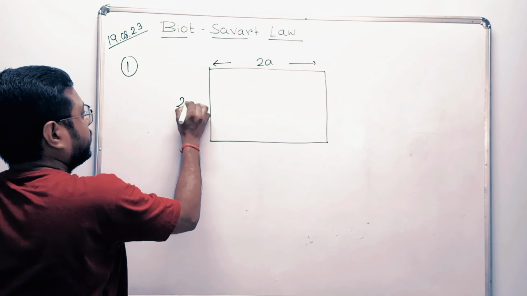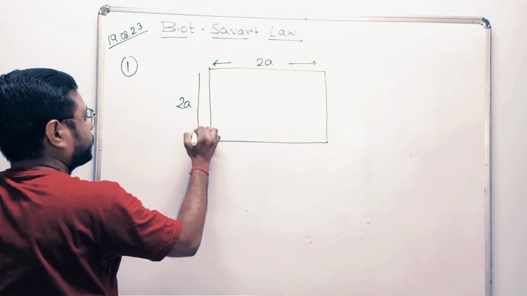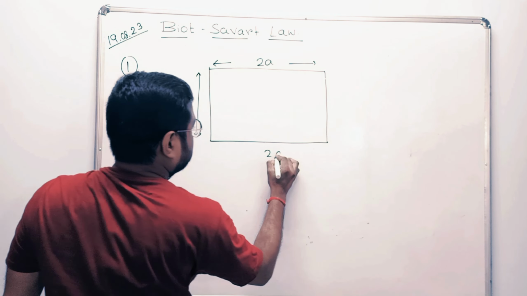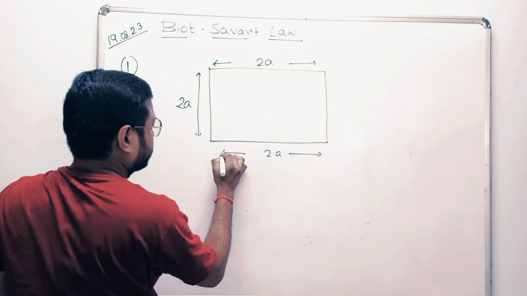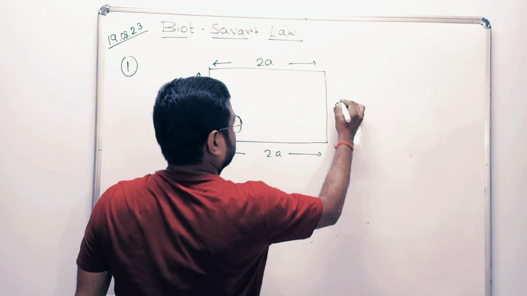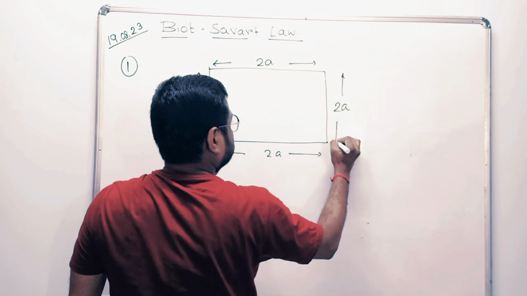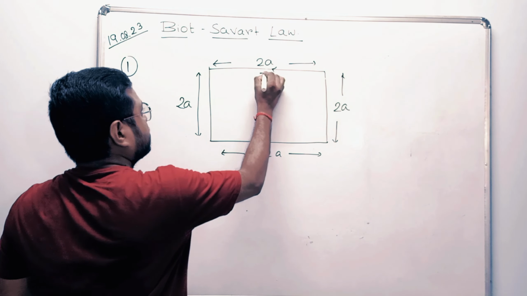So ये भी 2a है, ये भी 2a है, all sides are 2a, and current is flowed along anti-clockwise direction.